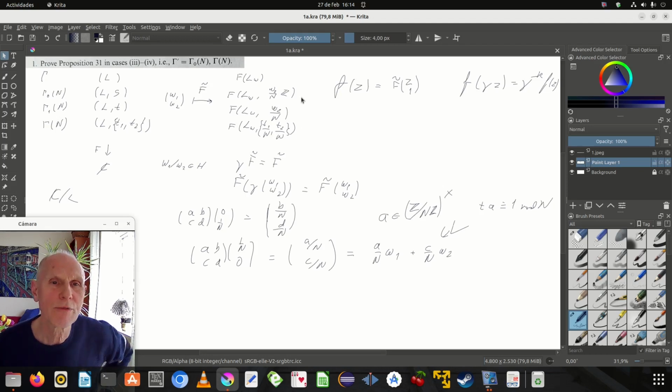Now let's assume that we have shown the scaling is trivial, so this is the critical point. Let's assume we have shown that, and then f of gamma z equals f tilde of gamma z, one.